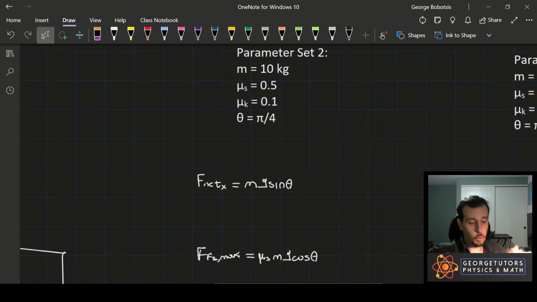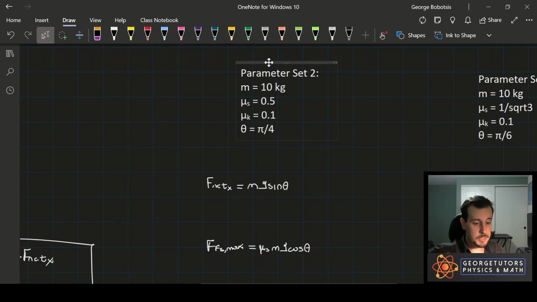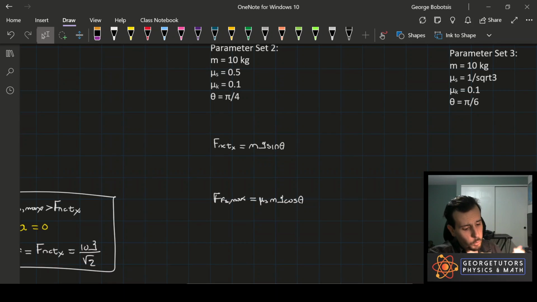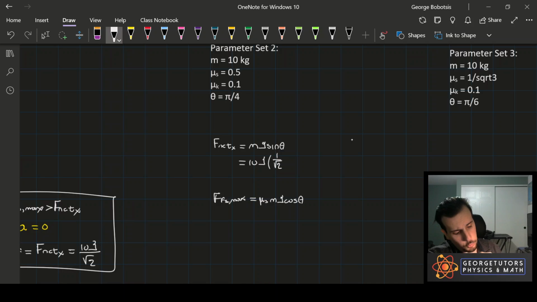These equations are always the same for all three parameter sets. So if I go ahead and try these right now, what do I have instead? I have a mass of 10 again, and an angle of 45, the sine of which is still 1 over root 2, which means, again, I have here 10 over root 2g.